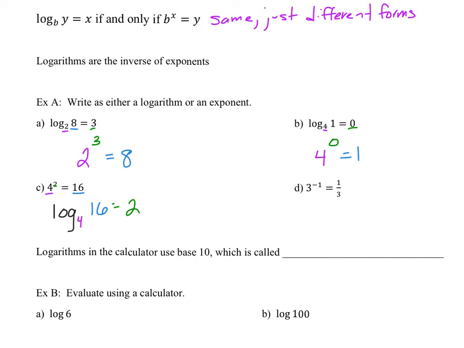Maybe go ahead and hit pause, try D on your own, but I'm going to keep going just for time's sake here. So log base 3 of 1/3 equals -1.